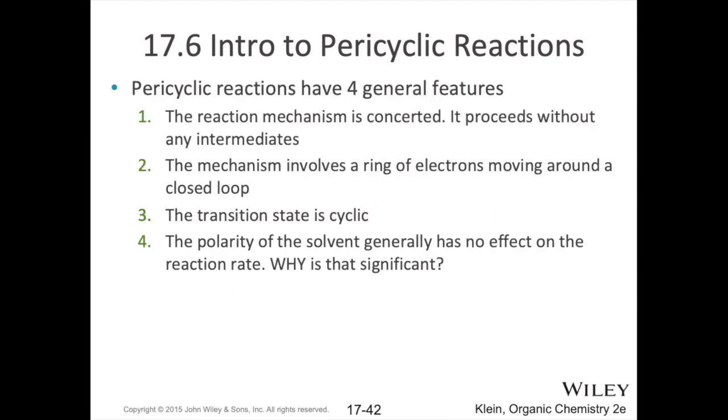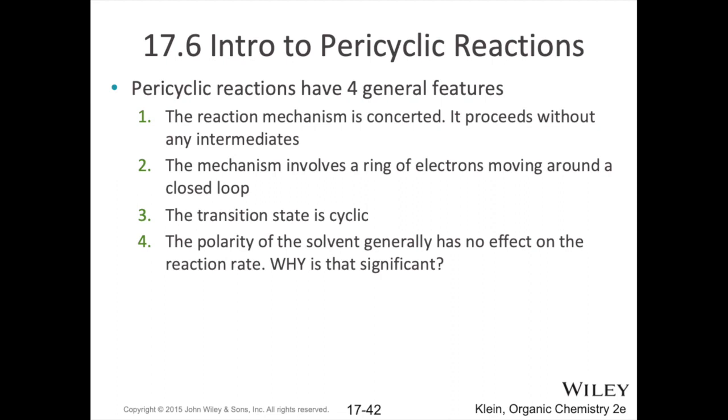Okay, so let's examine the similarities and differences between these 3 types of reactions. Now, when we're comparing pericyclic reactions, all 3 of them have 4 general features. You're going to have a concerted mechanism. That means there aren't any intermediates. It all happens in one step.